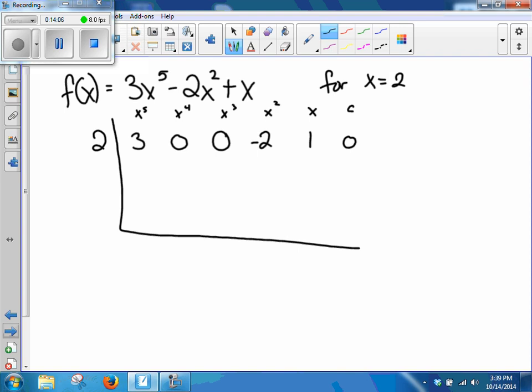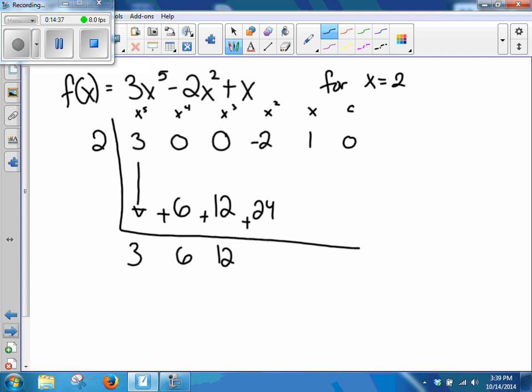So in all reality, this is going to make your numbers really, really easy and kind of nice to work with. So let's drop down 3. 2 times 3 is 6. Add straight down. Well, 0 plus 6 is easy. That's just 6. Then you get 2 times 6, which is 12. Add straight down, and you get 12. 2 times 12 is 24.